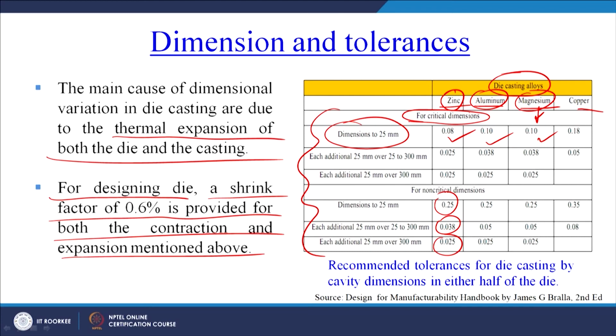These are the recommended tolerances for die casting based on the cavity dimensions in either half of the die. Depending upon our product design, the metal we have selected, and the size of the product or cavity, we can easily select the value of tolerance that we must provide in order to make a good quality die cast part.